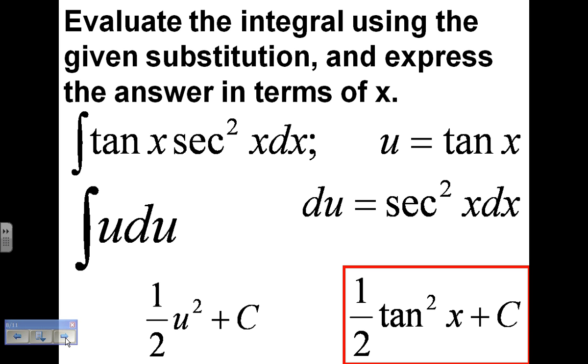Can an integral equal two different things? For one, don't forget it's an indefinite integral, not definite. So definite gives you a numerical answer. Two, what is the Pythagorean identity between tangent and secant? What's secant squared equal?